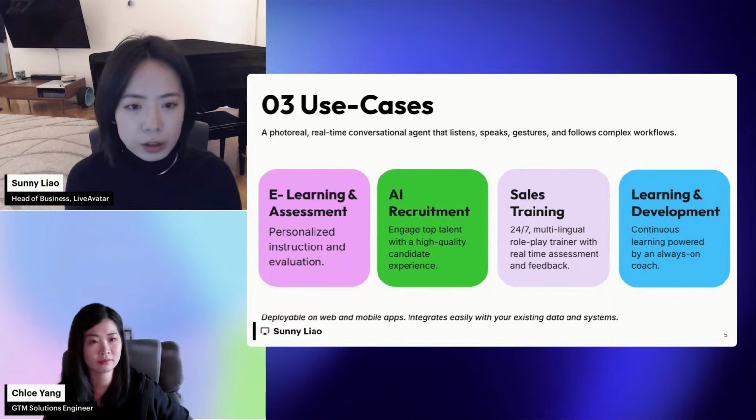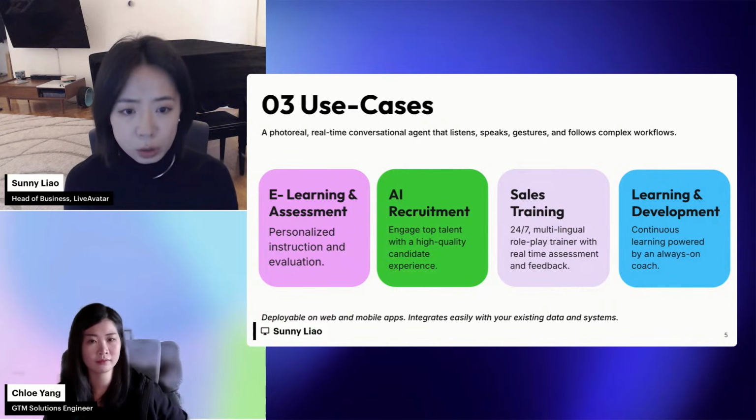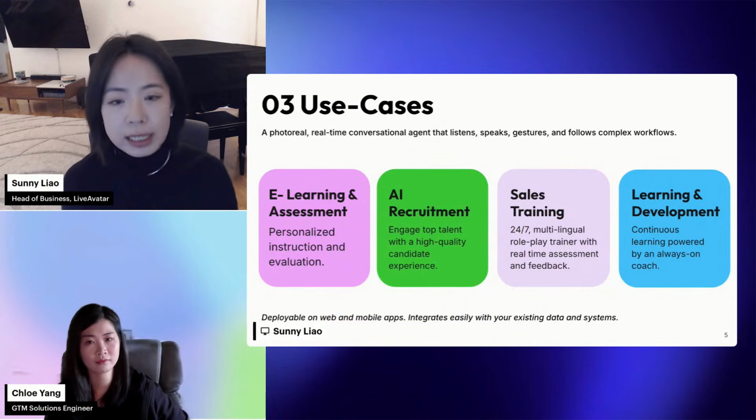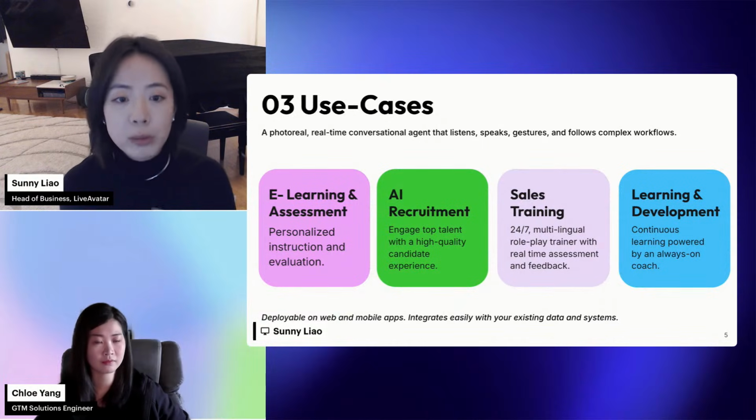This is a very interesting sector because one of the classic use cases is, for example, internal training for a fast-evolving industry or product, where you need to keep updating the knowledge base with the newest information and train your employees.